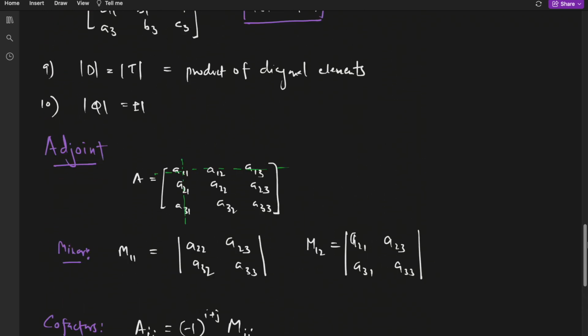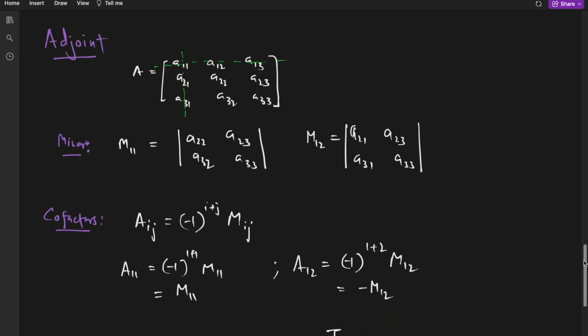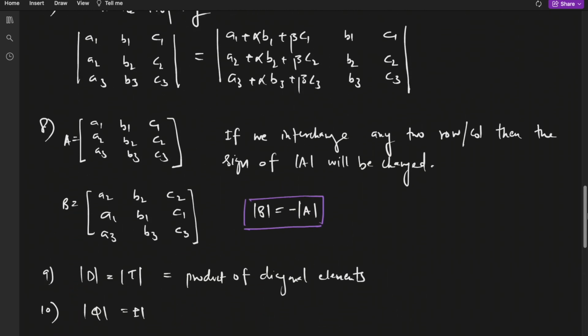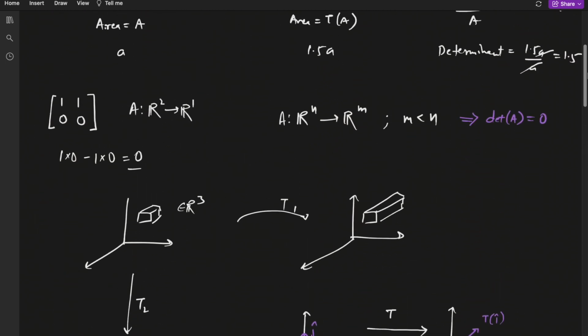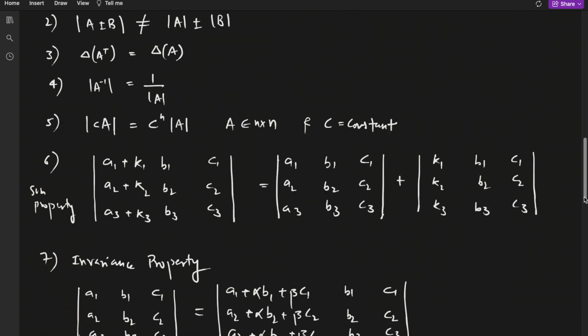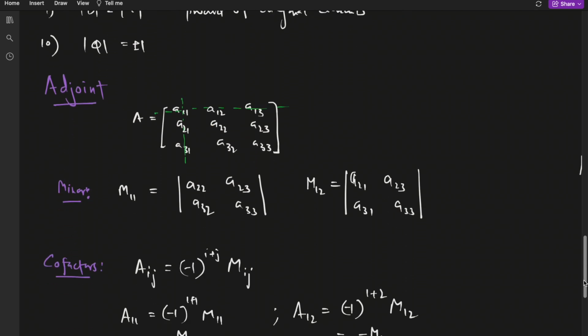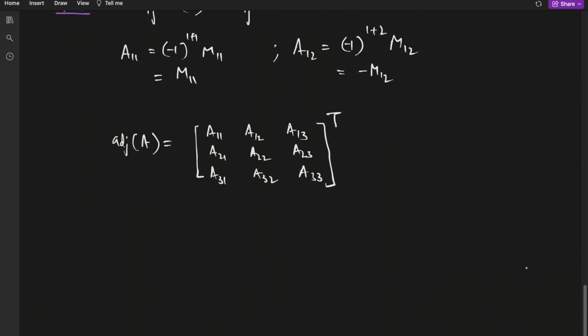Actually, adjoint is not that important. It is not much asked in the exam, because the GATE exam is more concept oriented, so you will see a lot of questions on determinants and their properties, but not many on adjoint. But still, it's good to cover that topic. Also, adjoint is important for calculating inverse, because there are multiple ways of calculating inverse.